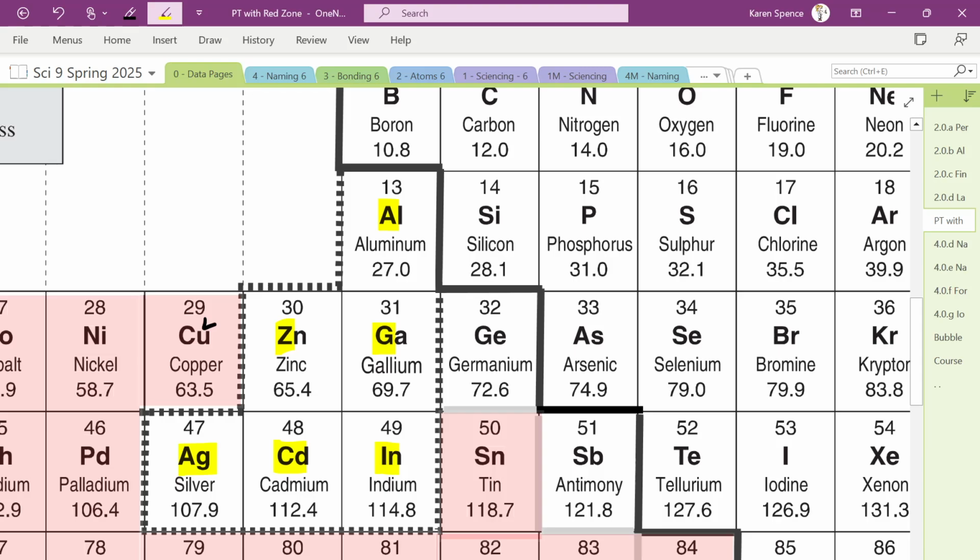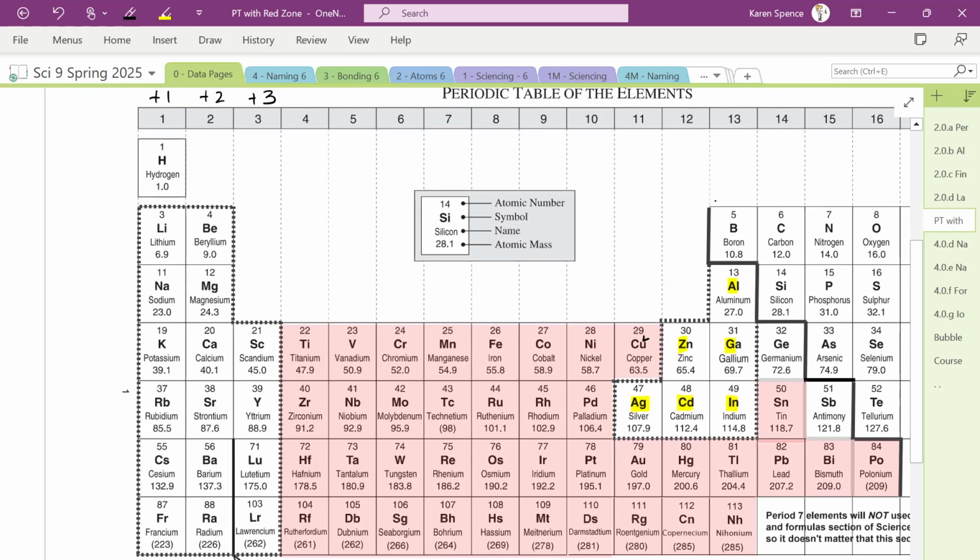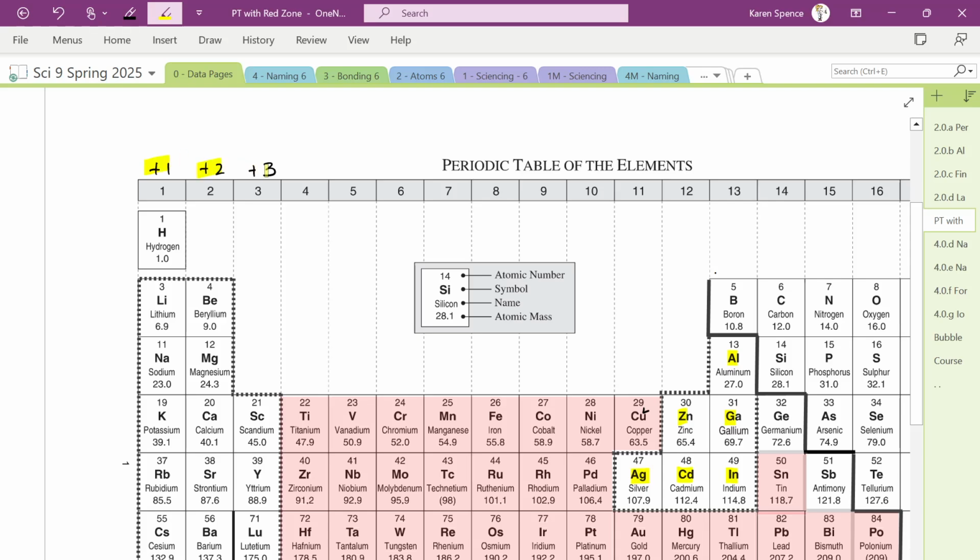Now, if I were to tell you that knowing the charges is as easy as 1, 2, 3, remember over here it is +1, +2, +3, so that's pretty easy as 1, 2, 3, yeah?